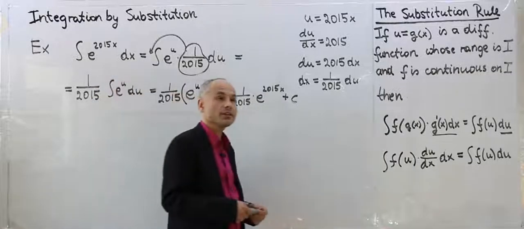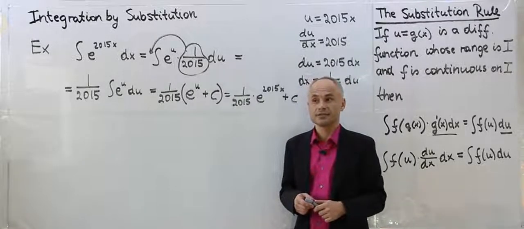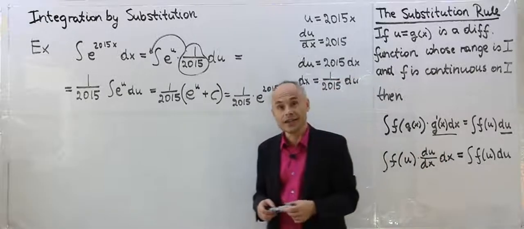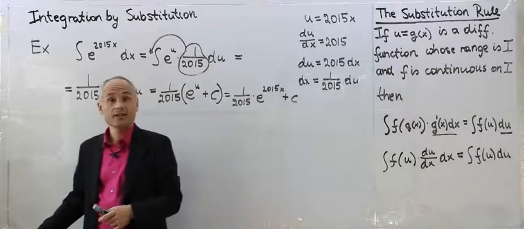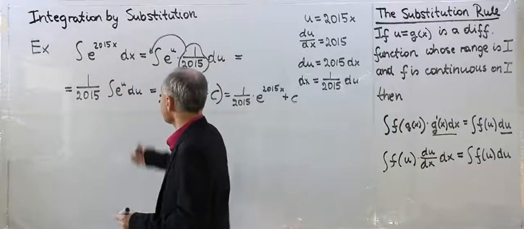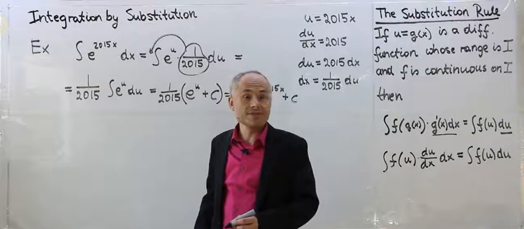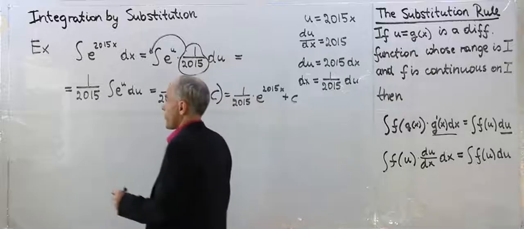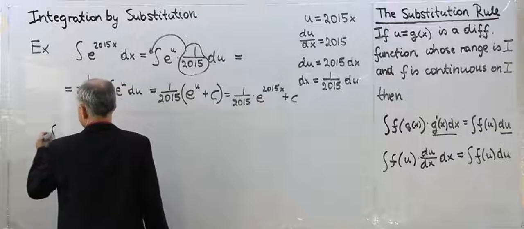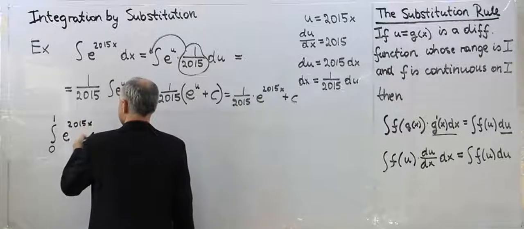In the last part of the lecture, let's calculate a few definite integrals using the substitution method. Notice that now as we can find antiderivatives, we can then find the definite integrals as well using the fundamental theorem of calculus. Let's start by looking at the definite integral of e to the power 2015x again, but we'll have limits of integration, say from 0 to 1 of e to the power 2015x dx.